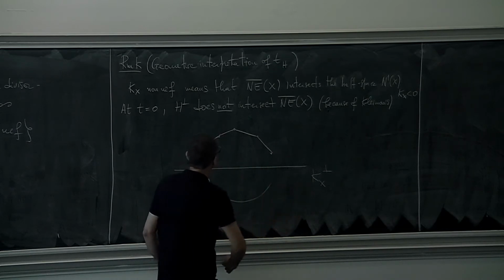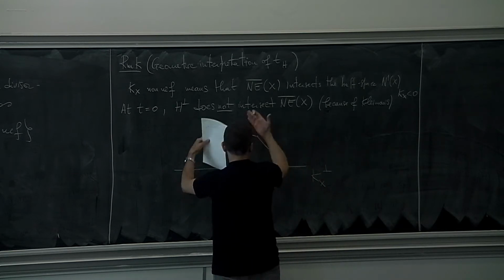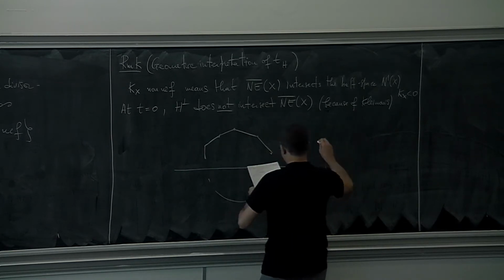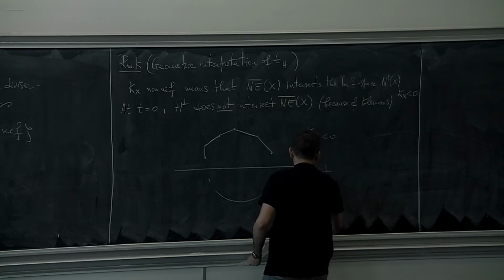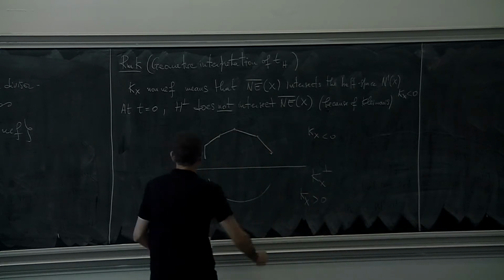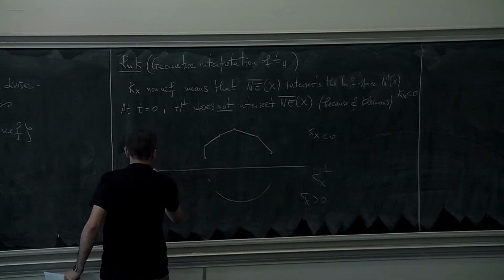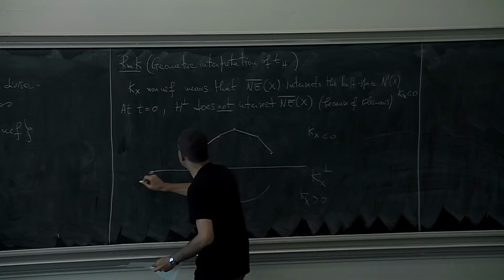Anyway, there is a part which is in K_X negative, some part maybe in K_X positive, and then here is 0. Here we have this hyperplane, H orthogonal.